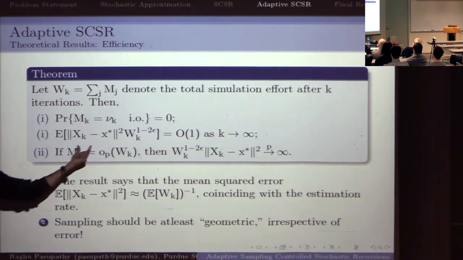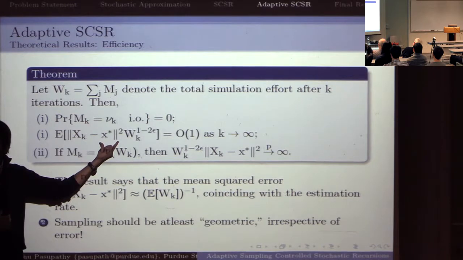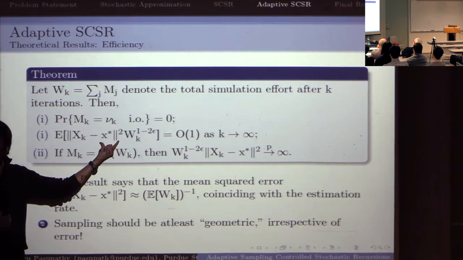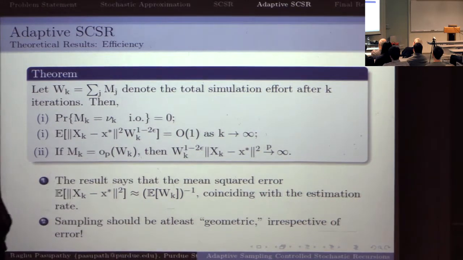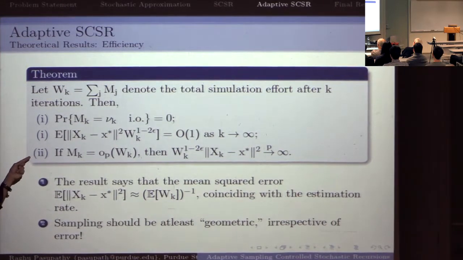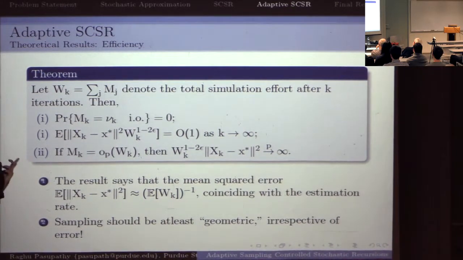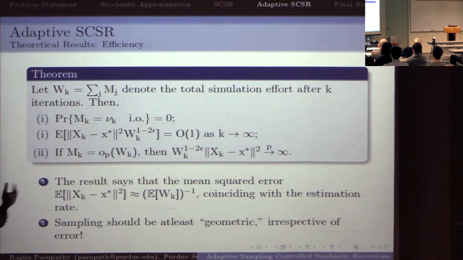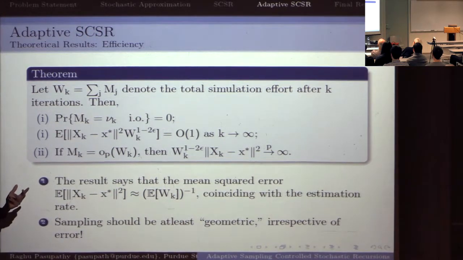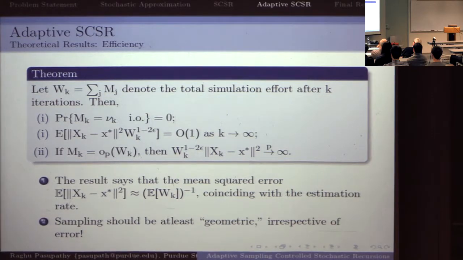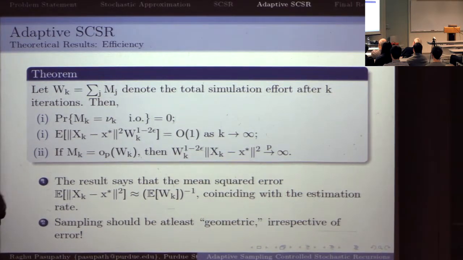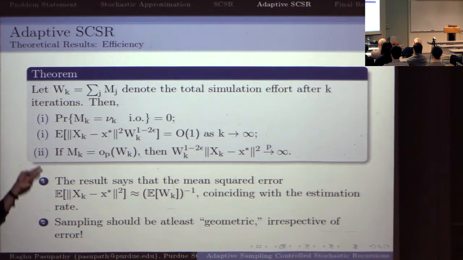So this is the main efficiency result that you're actually retrieving the order 1 over square root of work associated with adaptive sampling. And this is another, tangential result. It so happens that if you sample anything slower than geometrically in the limit, you can never achieve efficiency.